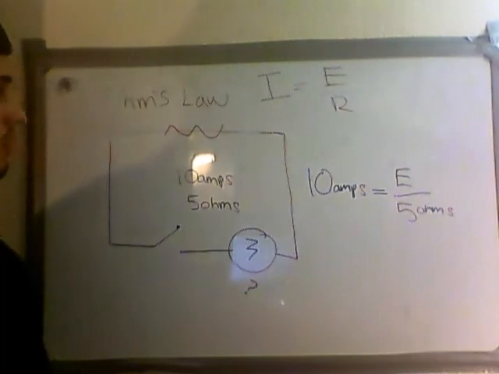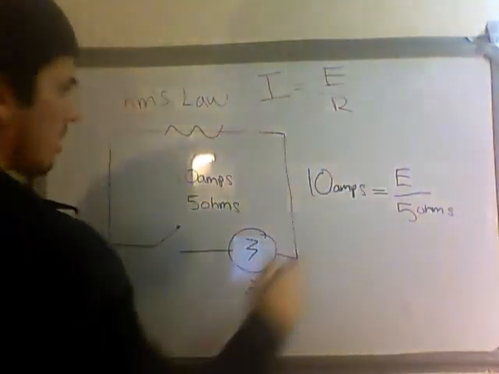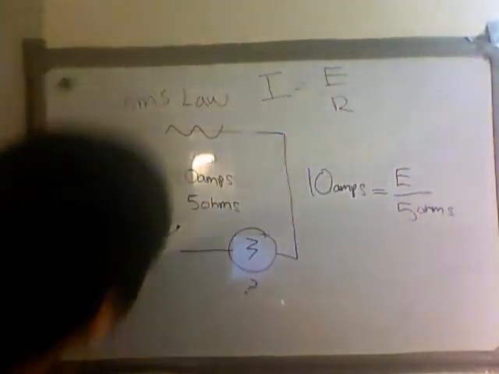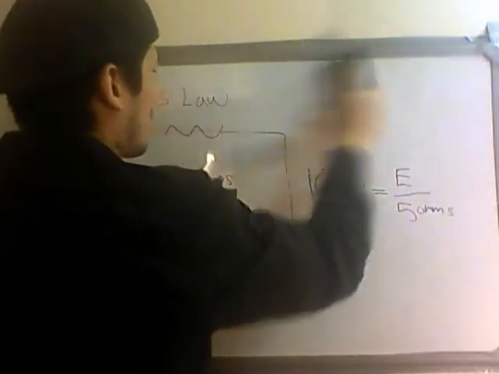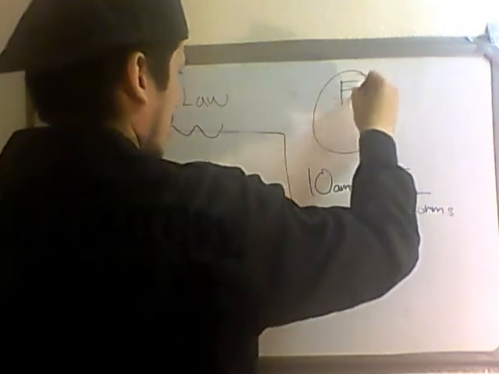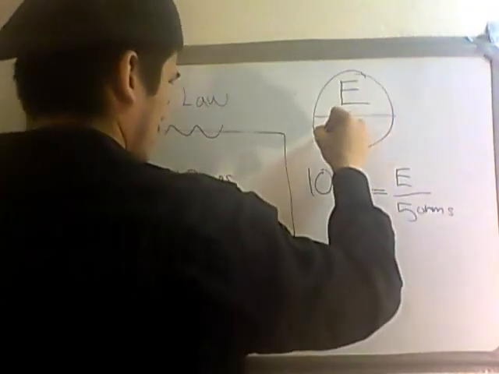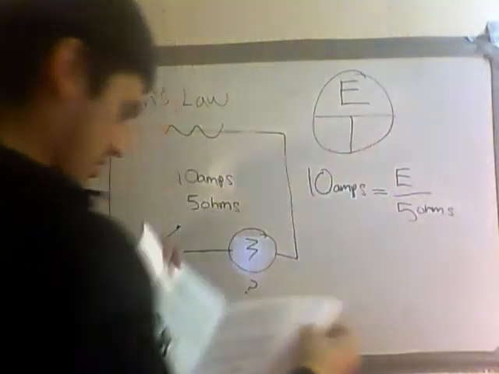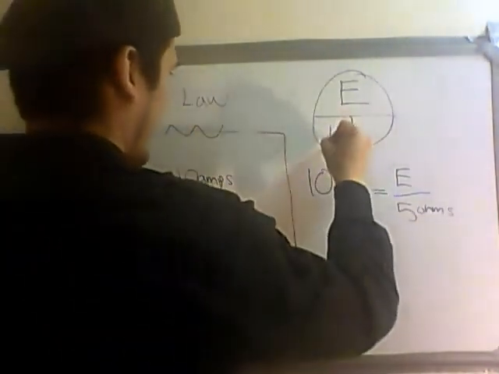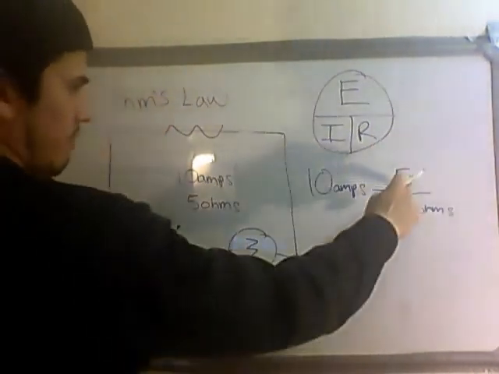Now, if we were using our pie chart, which I'm sure a lot of you want to use, we can do it like this. Let us erase this for a second. Okay, so we'll use our pie chart, which we said was E over I and R. So we're solving for E this time.